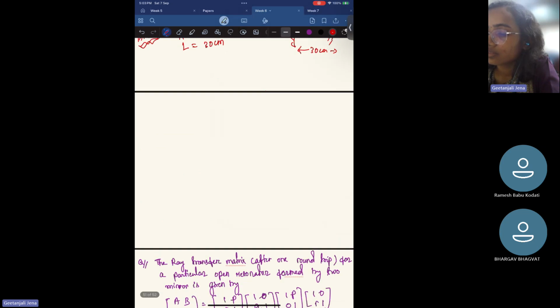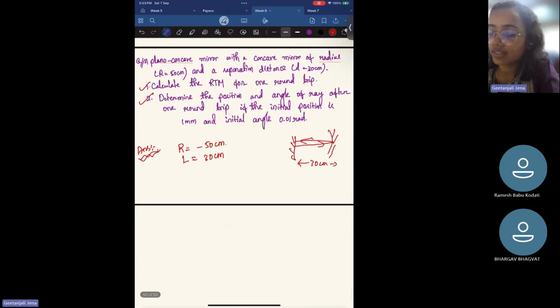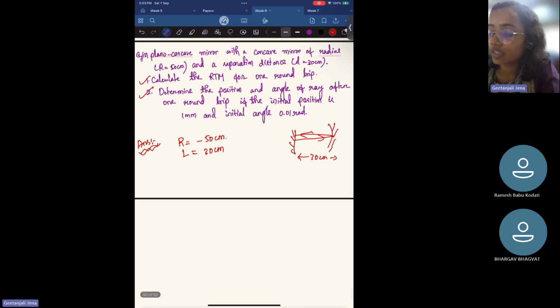So the ray transfer matrix is enough to find out the values of A, B, C, D. So you have to remember how you can get the ray transfer matrix. So the first component is, inside this mirror resonator, the ray will travel from here to here. So we'll have a propagation matrix for that, which is 1 L 0 1, right?